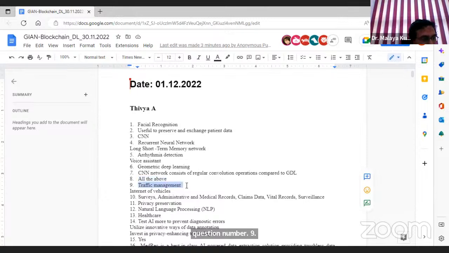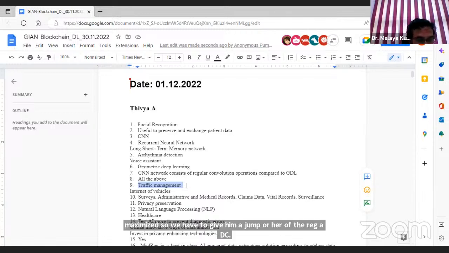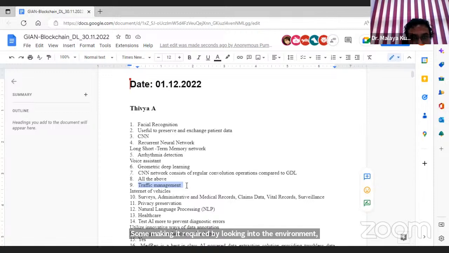Give an example where blockchain is used in DRL. Basically, DRL stands for deep reinforcement learning. Already I have discussed that deep reinforcement learning looks into the environment to take a decision such that the reward is maximized. So we have to give an example where decision making is required by looking into the environment or the conditions of the situation, so that the reward is maximized.